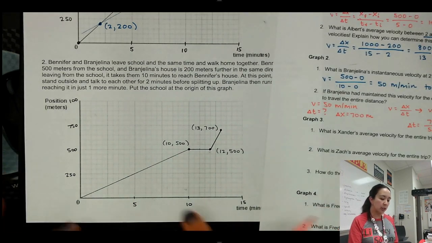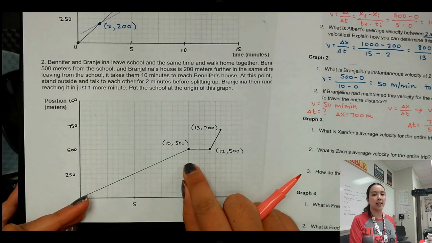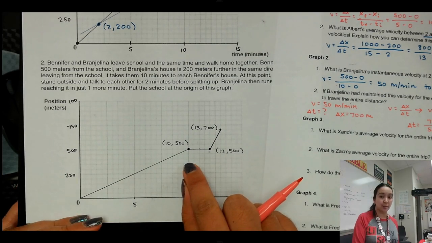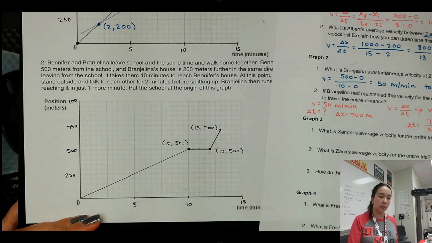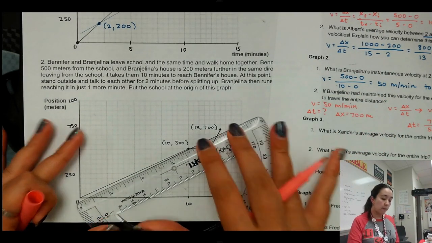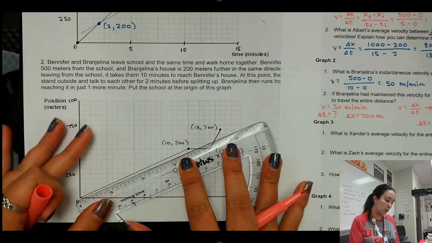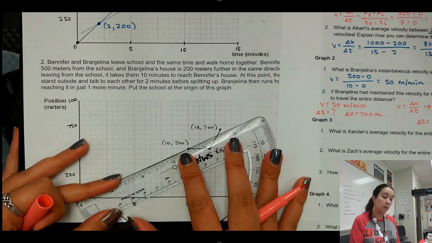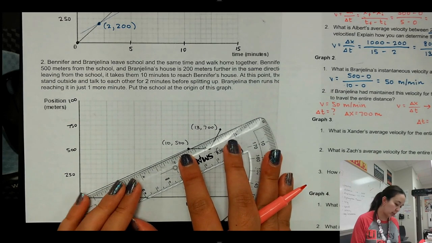If Brangelina is going to maintain this same velocity, well, since the velocity of a position versus time graph is represented by the slope, essentially we could figure this out by just continuing the same slope for 700 meters.